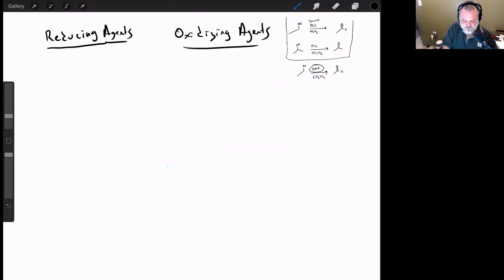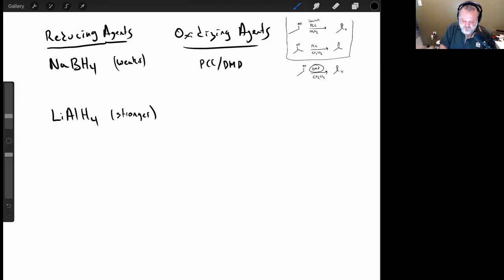The reducing agents that we learned were sodium borohydride, and we learned lithium aluminum hydride. This one was a little bit weaker. This one was stronger. We learned PCC or DMP for oxidizing agents, and we also learned about sodium dichromate. This one again was stronger, and this one was a little weaker.